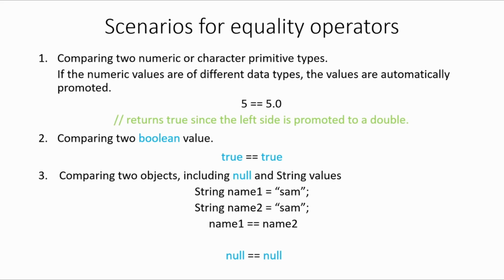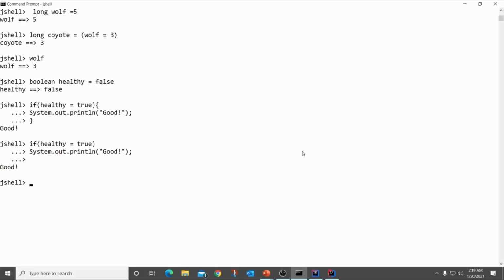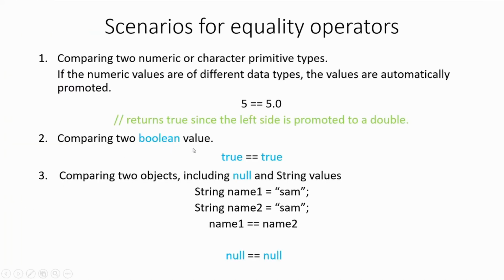So there are three scenarios for equality operators. Number one, comparing two numeric or character primitive types. So if I write 5 equals equals 5.0, what would happen? One is integer, one is double. Integer is 32 bits, double is 64. So it will promote the left hand side to double and then compare both values. If they are the same, it will return true. Next, comparing two boolean values.